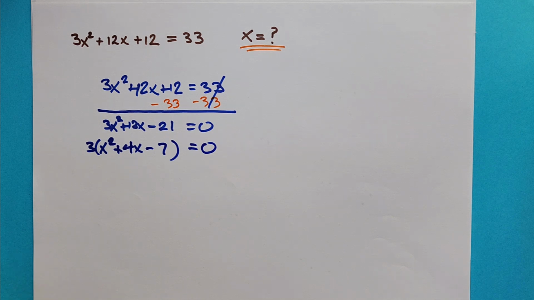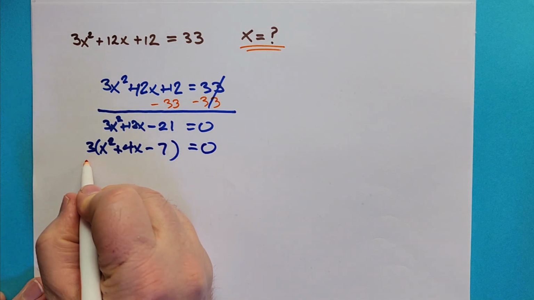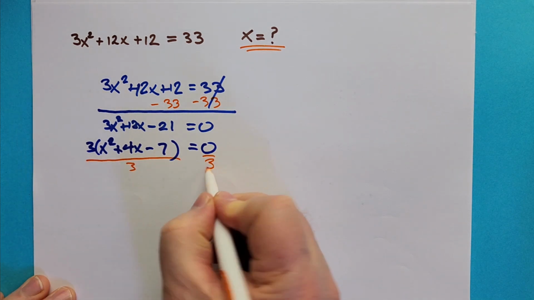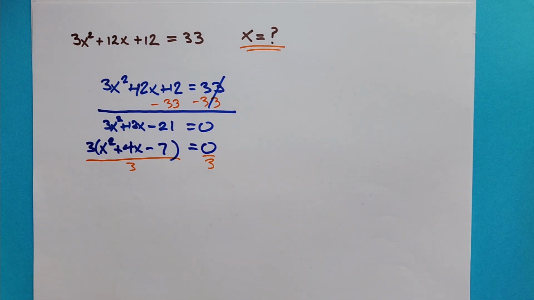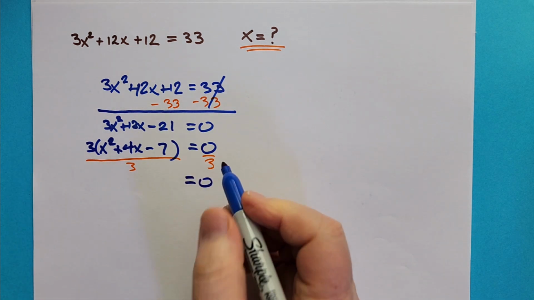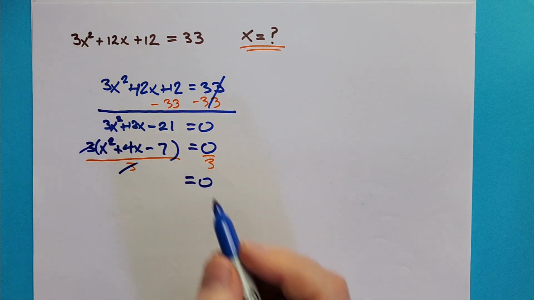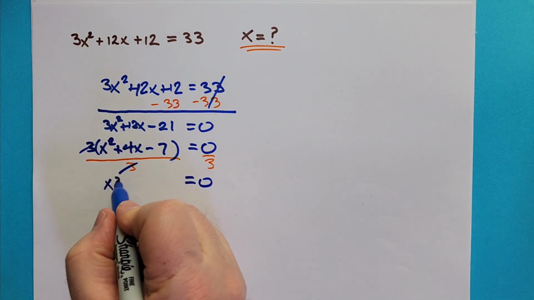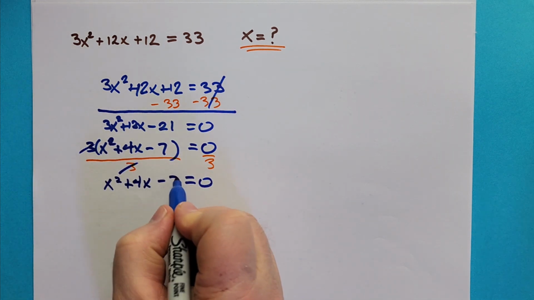So we can multiply by 1/3. It's kind of convenient to divide. But notice on the other side of the equation, since you have 0 in there, that just stays 0. So that's actually convenient. And then we can cancel out those 3's. So we're left with x squared plus 4x minus 7.